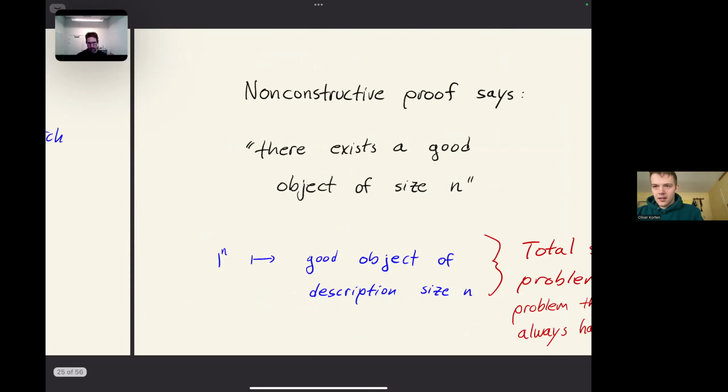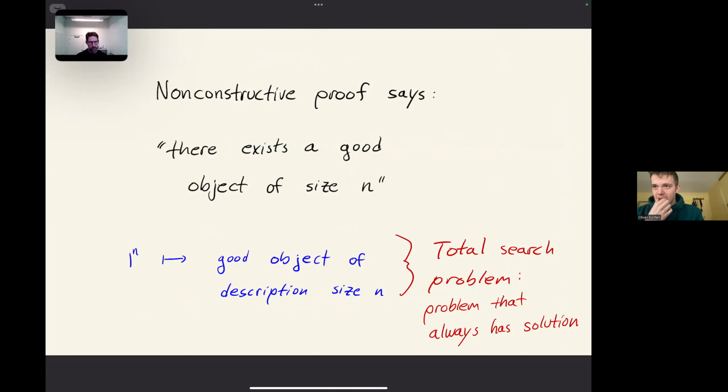For all of these problems, the problems we're interested in, there's some non-constructive proof that says there always exists a good object of every size. What that means formally is that the explicit construction problem is what's called a total search problem, a problem that always has a solution on every input.